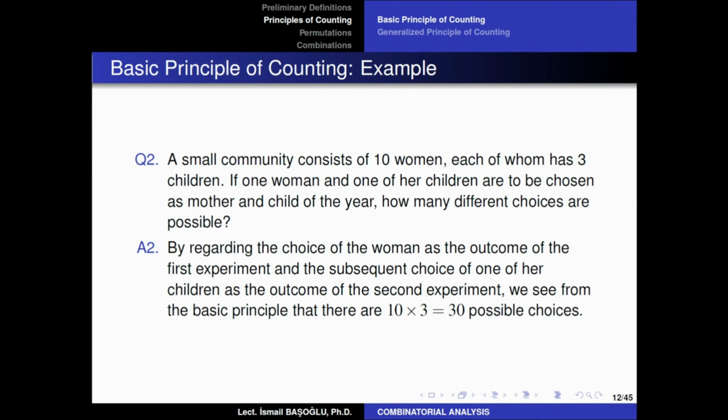So for each outcome of the first experiment, I have 3 outcomes for the second experiment. Therefore, the combined experiment will have 10 times 3, 30 possible choices. So I can select the mother and the child of the year in 30 different ways.